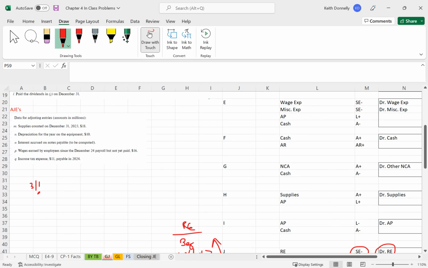And what's going on here is now we're at the end of the year, 12/31, so it looks like 10 months have passed. We've got to accrue the interest for those 10 months.